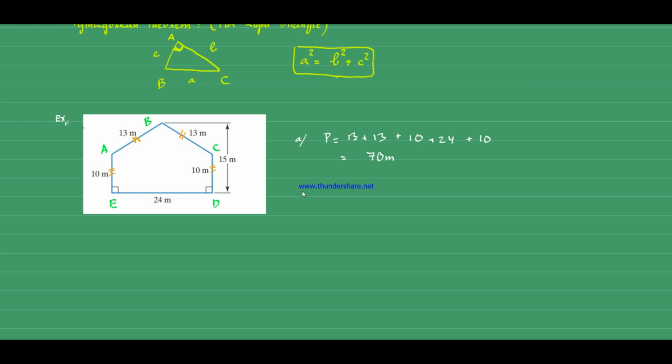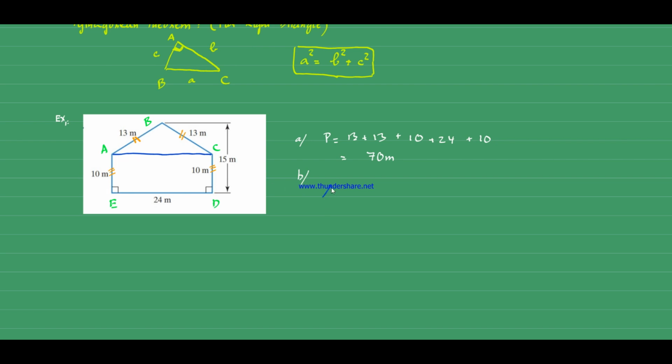Now we want to find the area. If you look at this shape, you will see that it is actually a combination of a triangle and a rectangle. In order to find the surface measurement, how big the surface is, we just need to find the area of this triangle right here and the rectangle over here.